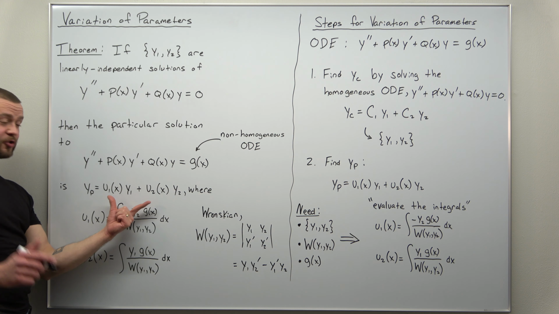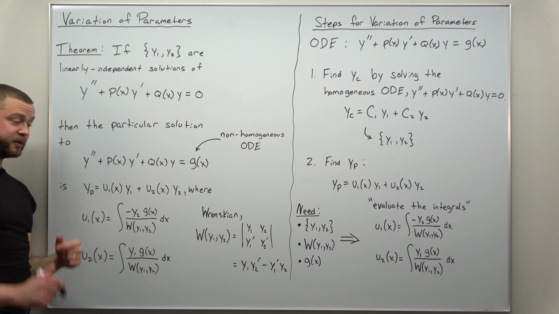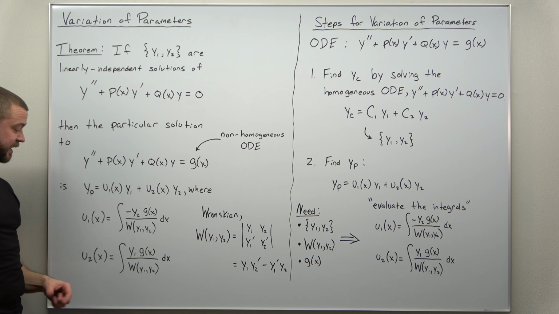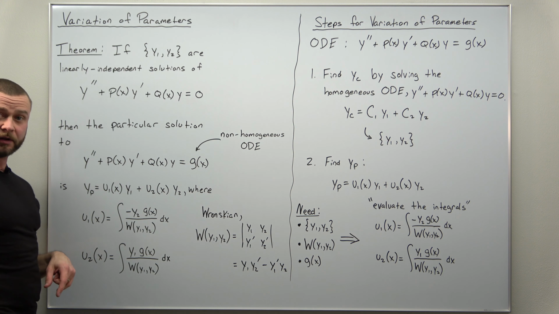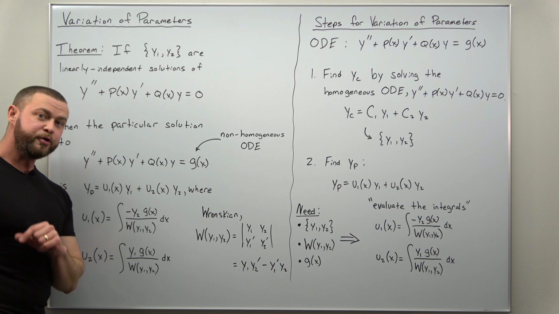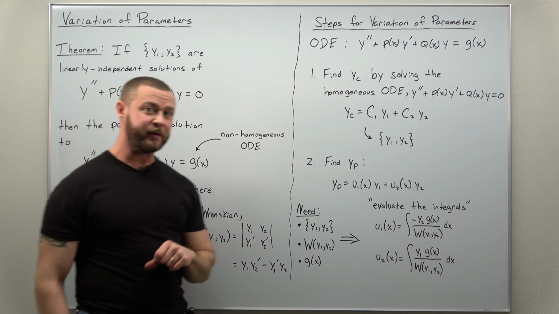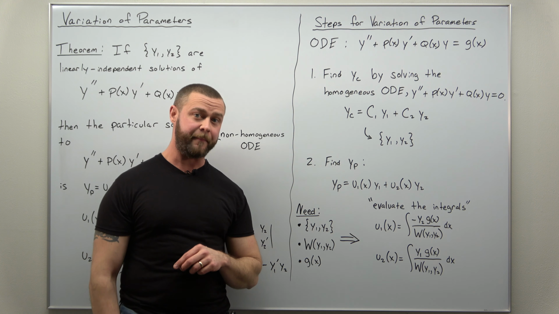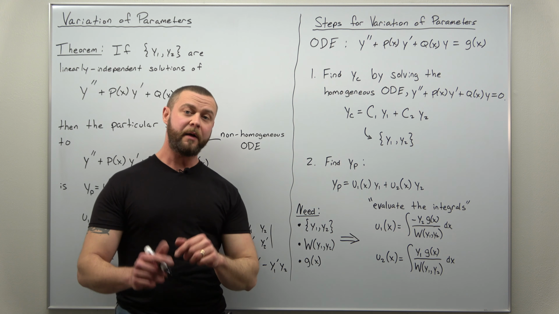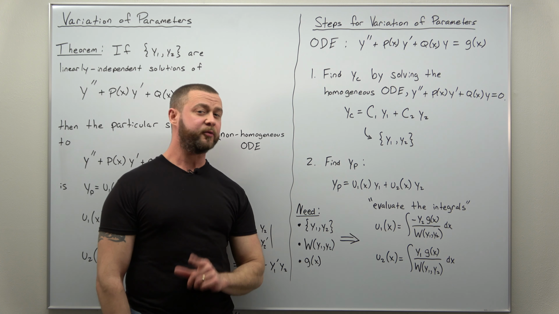This is your variation of parameters formula for the particular solution. The theorem says then u1 and u2 are determined by these integral formulas. Now, you don't have to know where those formulas come from or how to prove them to use this, but we're going to take a look at the proof right now.